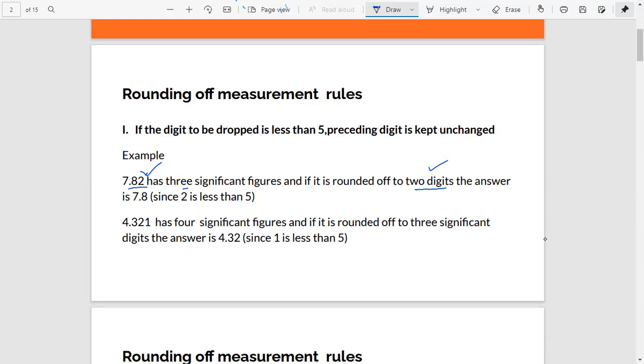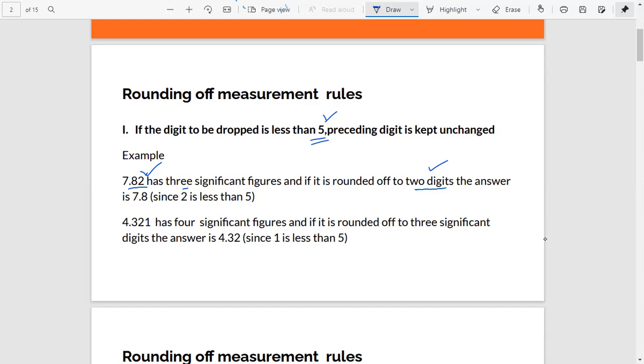Rule number 1 is, if the value of the digit which is to be dropped is less than 5, then the preceding digit, that is the digit before the digit to be dropped, is not changed. It is kept unchanged. Let us take the number 7.82.